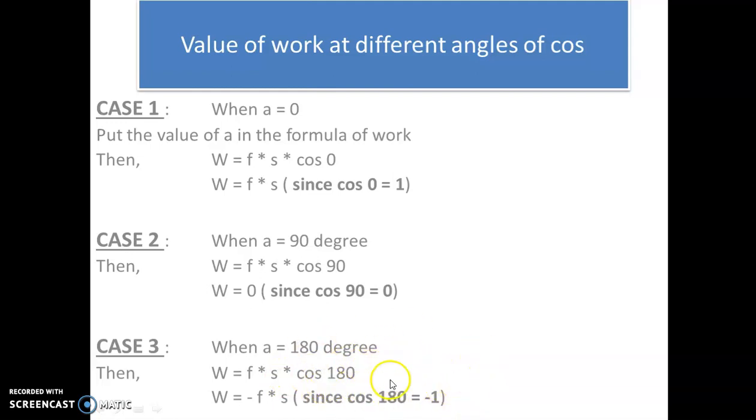If we put it here, the work done will be negative. So this is the maximum work, this is the zero work, and this is the negative work.